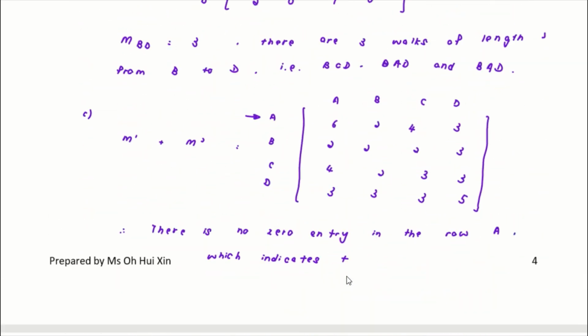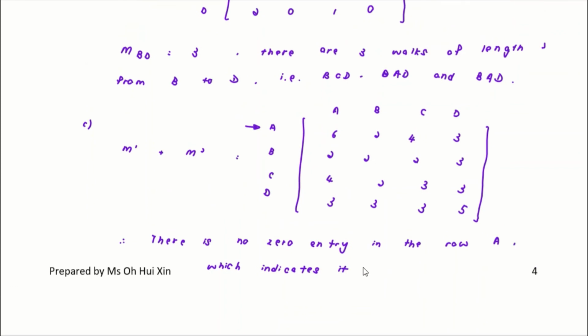Okay, which indicates that it is possible. You do not really need to write that long, so which indicates that it is possible, then you can stop. Or you can write possible.